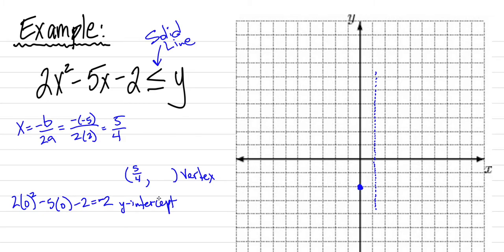How do I find the height at a certain number? Like if I were making a table and this was the x value, how did I find the y value in a table again? Plug it in the equation we're given. So I'm going to take the number I have and plug it into the equation I'm given to find the y value.